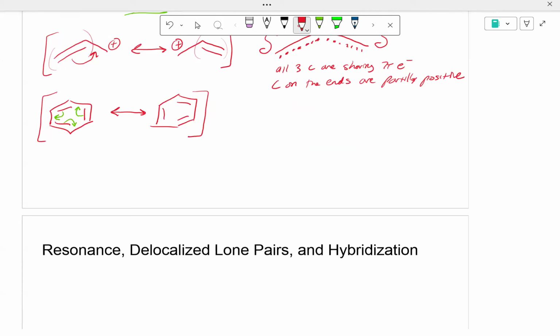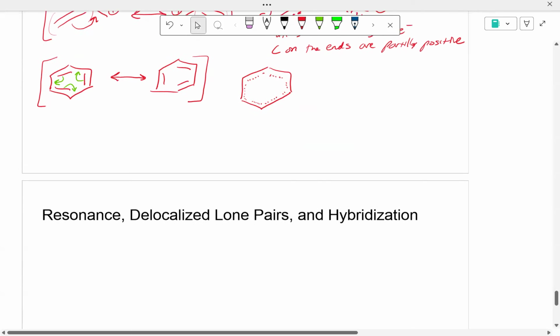So how do I summarize all of that? I'm going to use those dots again. Sometimes there's a double bond there, sometimes there's one there, and so on. I'm going to go all the way around here, and that's our hybrid form for those two resonance structures. I'm going to dive a lot deeper into this when we talk about benzene and aromatic compounds a little later, but we'll come back to that.